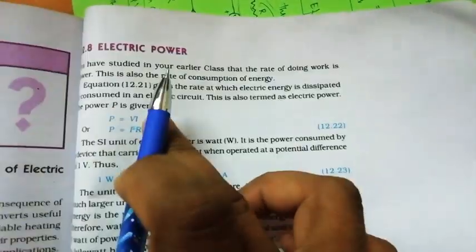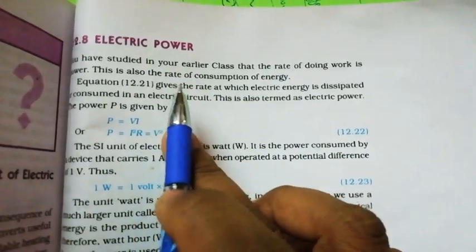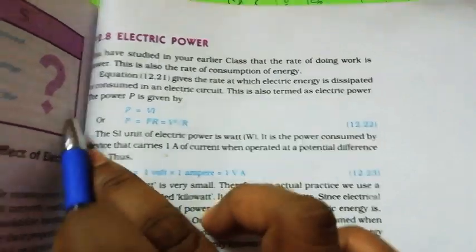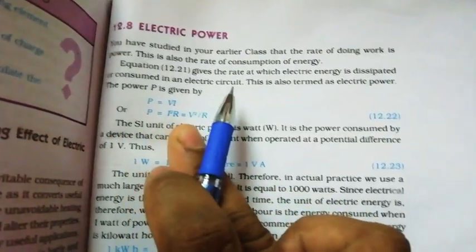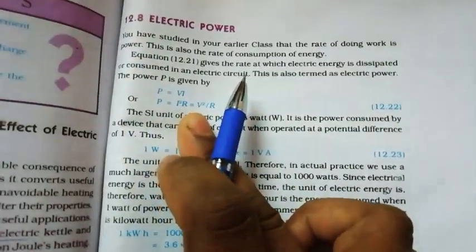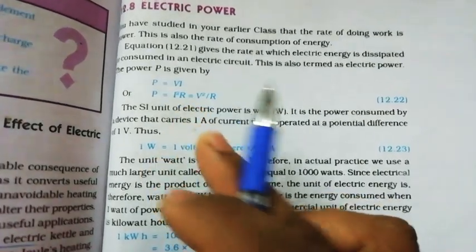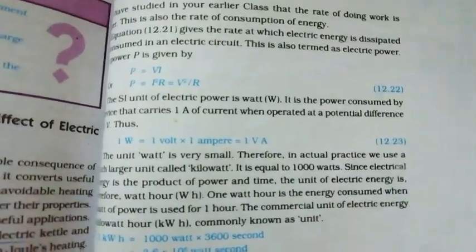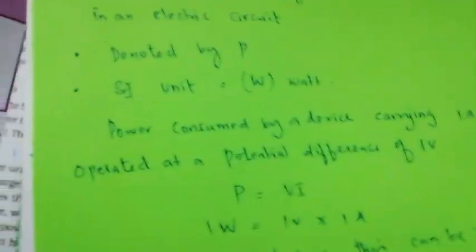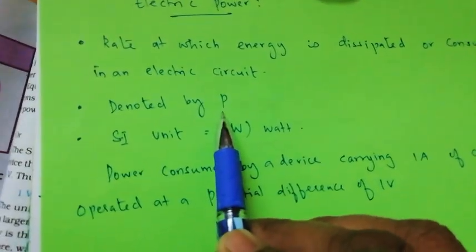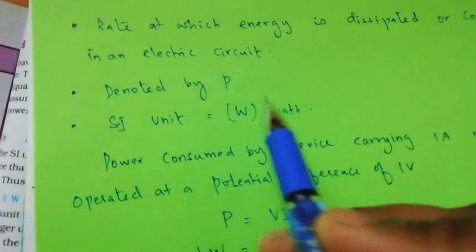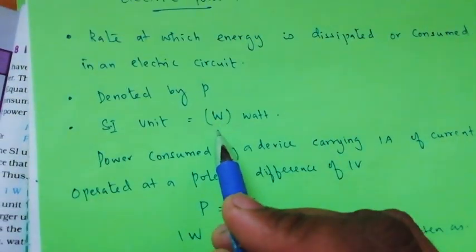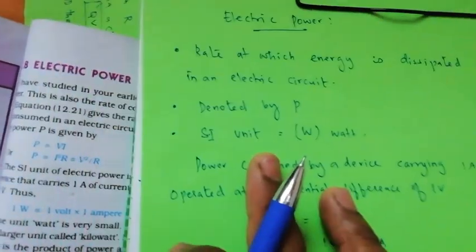It is denoted by the letter P, and the SI unit of power is the watt, written as capital W.